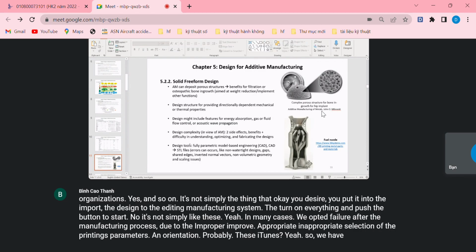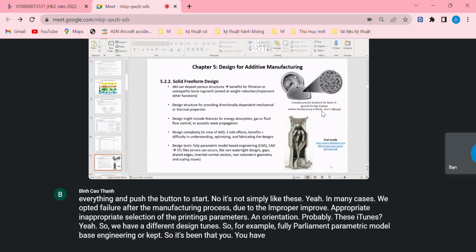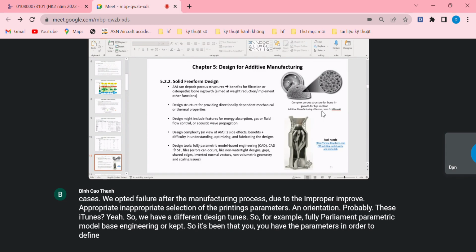Design tools: we have different design tools. For example, fully parametric model-based engineering or CAD, which means that you have parameters to define the CAD file. But there is always the case where the part is difficult to design by parametric design.